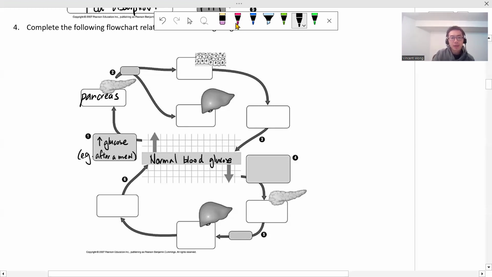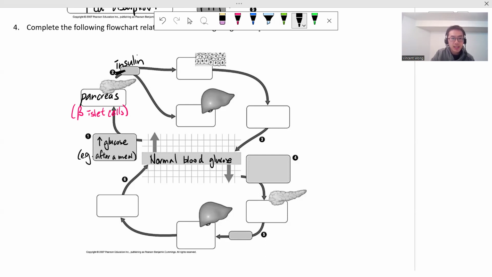Pancreas. Now, in the pancreas, we have different cells. We have cells that will be responsible for making the exocrine stuff for the digestive system, but we also have cells that will be making the hormones. So in the pancreas, we have these things called the beta cells, beta islet cells to be proper, and they are the ones that will make insulin.